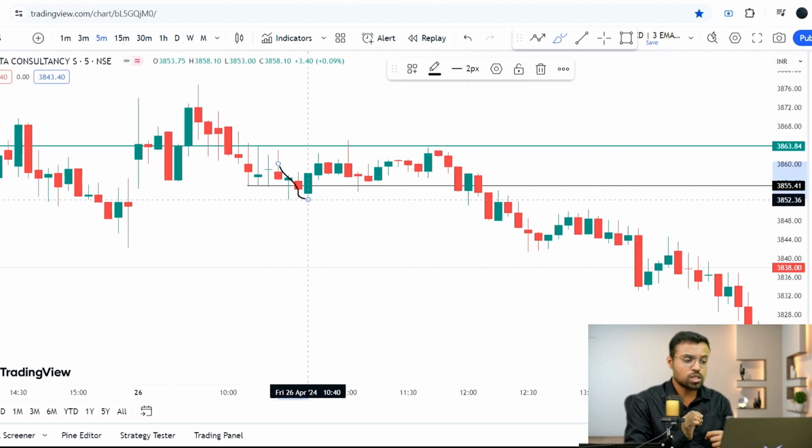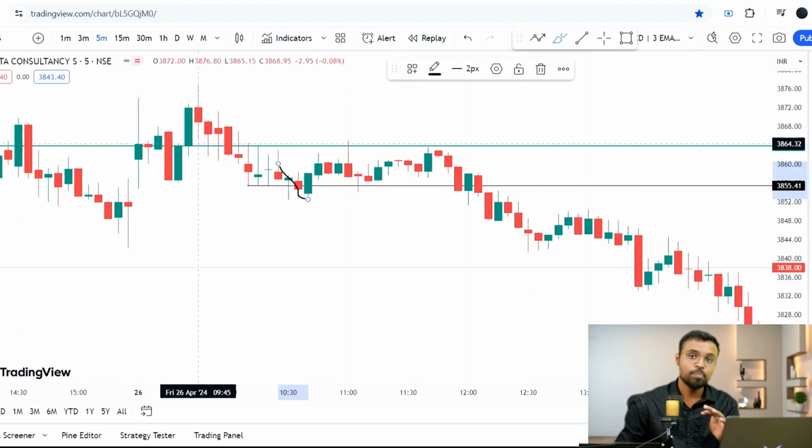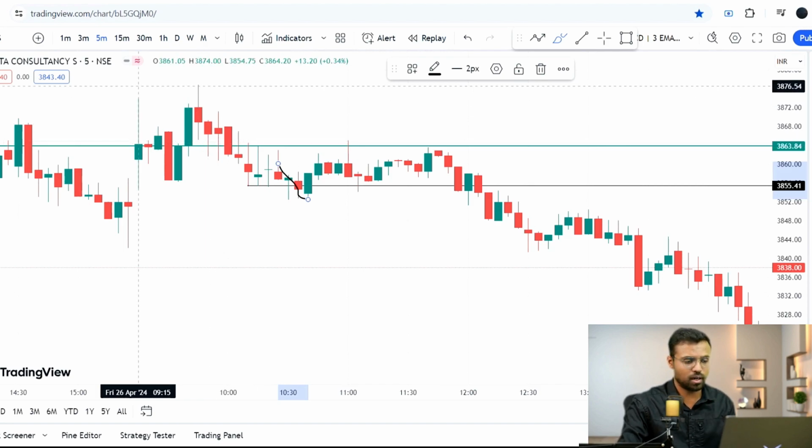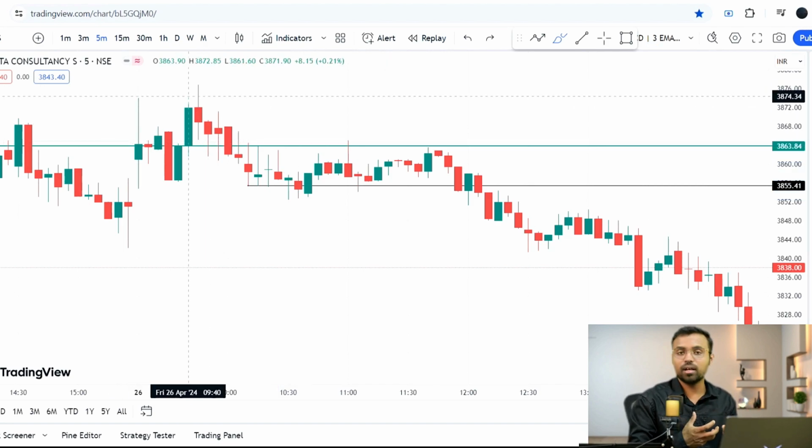Now, as soon as we get the confirmation, how do we plan our entries? To plan our entries, we will always wait for a pullback. Now, going into the specifics of this strategy, I said whenever you enter and take a trade on this concept, we will always aim for a target of 1:2. Now, what I personally prefer is, from where do I start entering into my position?